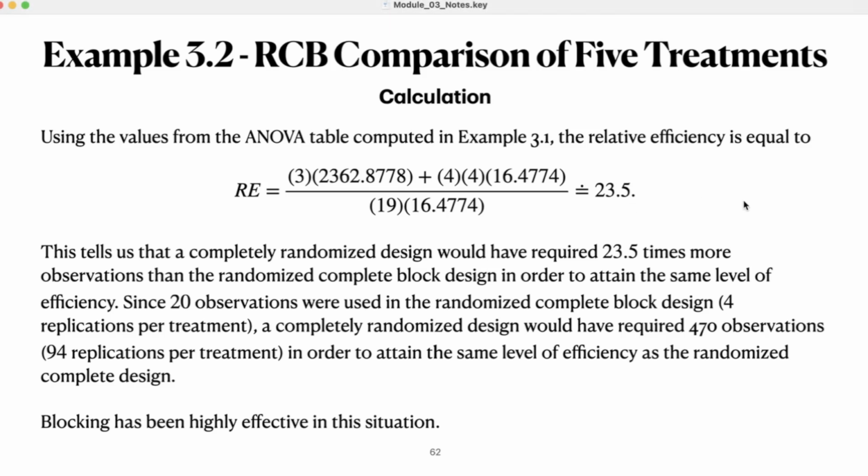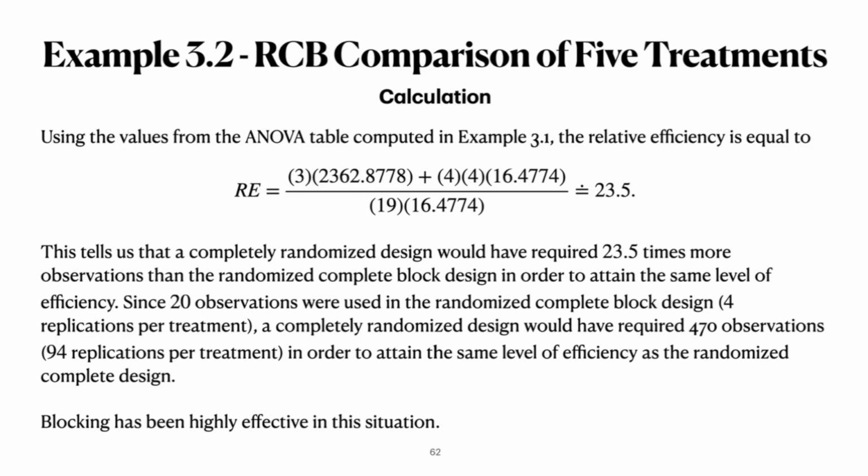Now, what this tells us is that if we had used a completely randomized design instead, then that completely randomized design would have required 23.5 times more observations than the randomized complete block design used in order to attain the same level of efficiency. Now, there were 20 observations used in the randomized complete block design, and remember that result was highly significant.